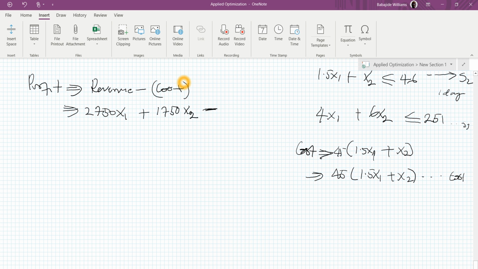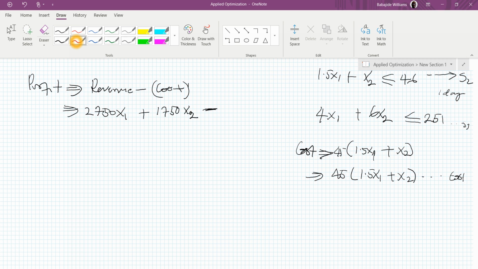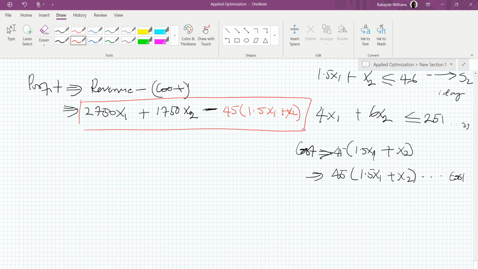My cost is 45 times (1.5 x1 plus x2). This now is my objective function. This is my real profit, and this is what I'm trying to maximize.